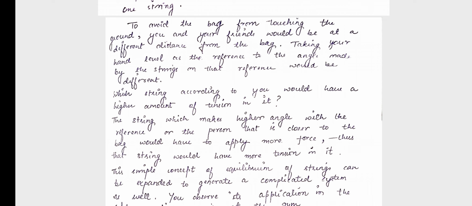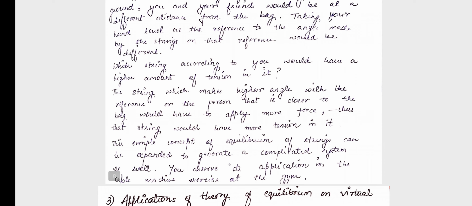The string which makes a higher angle with the reference, or the person that is closer to that string, would have more tension in it. This simple concept of equilibrium of strings can be expanded to generate a complicated system as well. Now you can also observe this application in cable machine exercise at the gym.